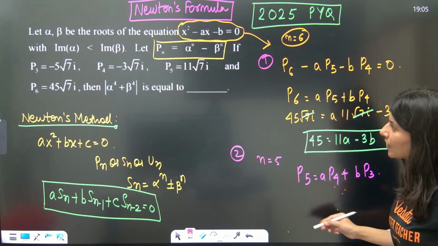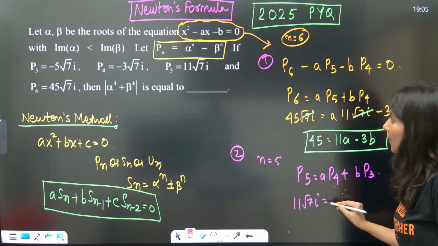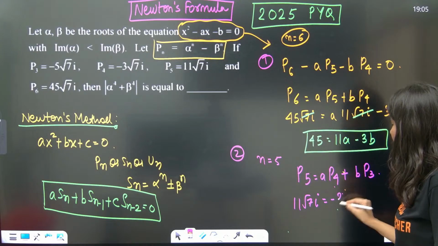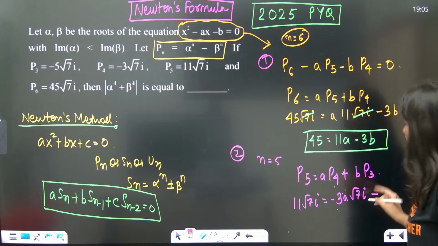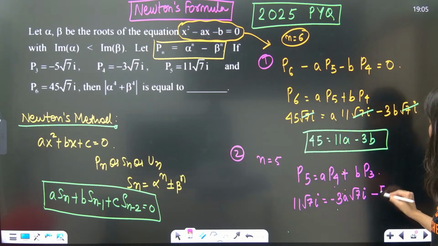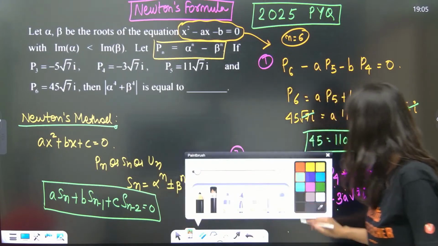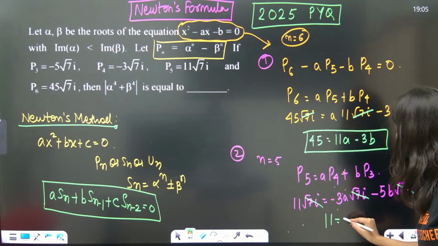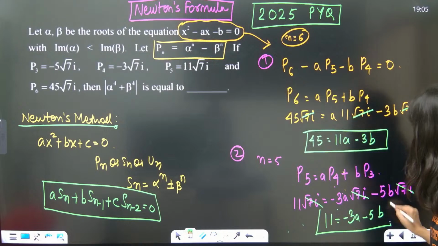Now put the values. P5 is 11√7 i equals P4, which is −3√7 i, so −3a√7 i, plus b times P3, which is also negative, −5b√7 i. Again √7 i is getting cancelled out, so 11 equals −3a minus 5b. This is your second equation.